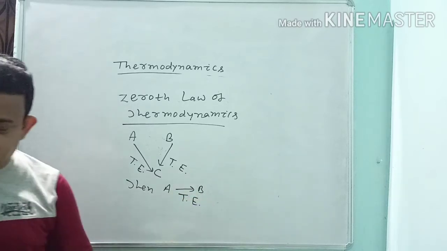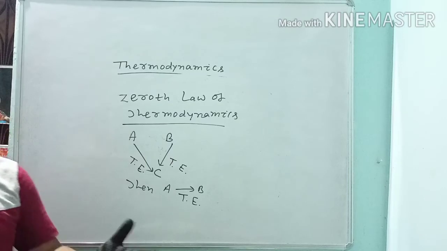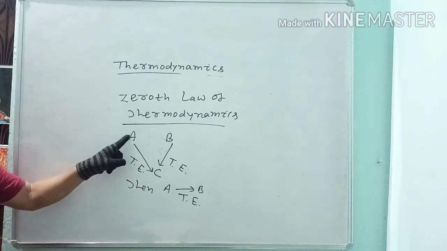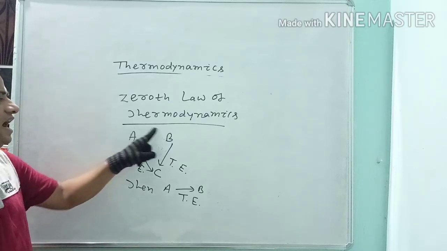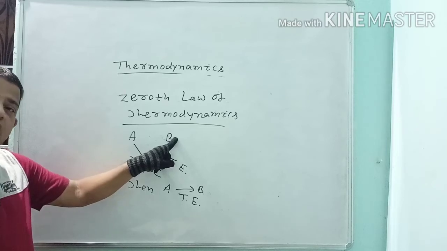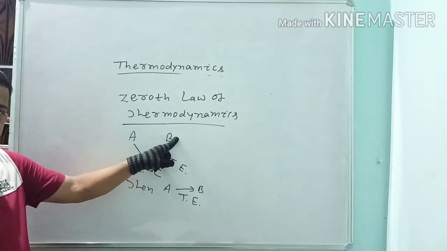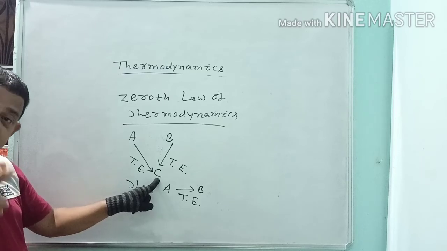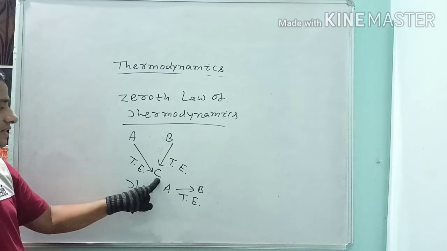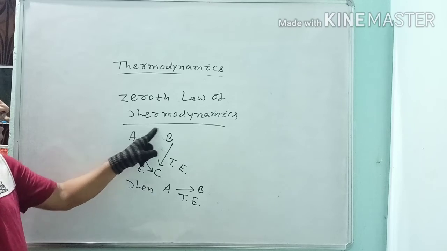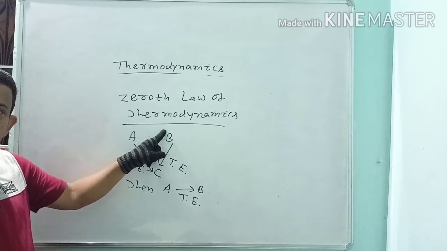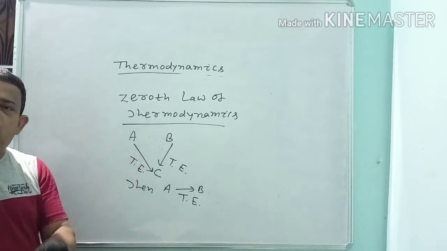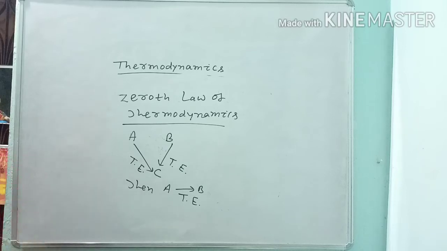This is the statement. What it states: if two systems A and B are separately in thermal equilibrium with another system C, then A and B are also in thermal equilibrium.